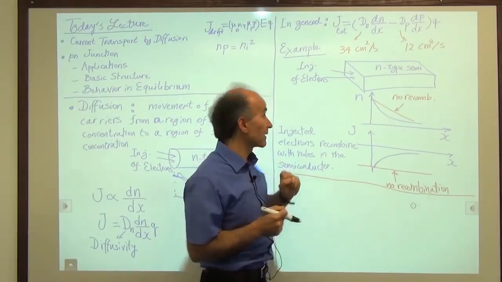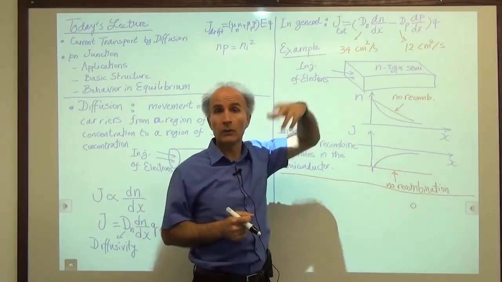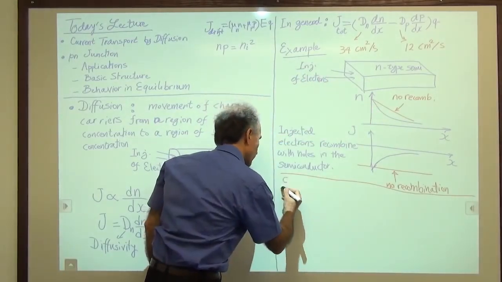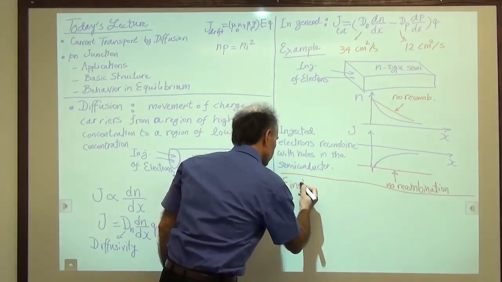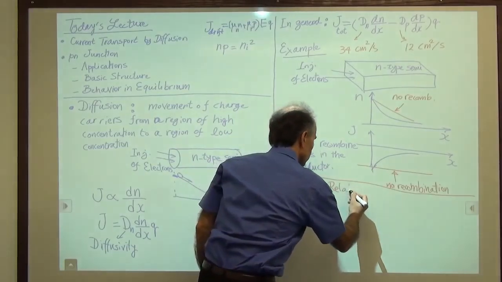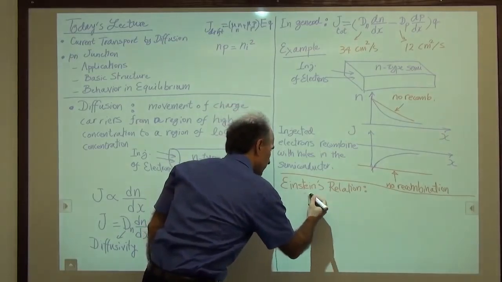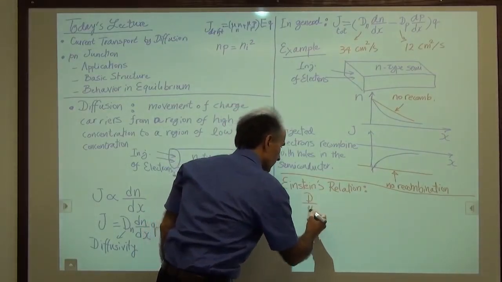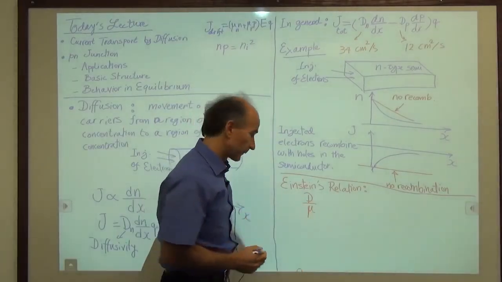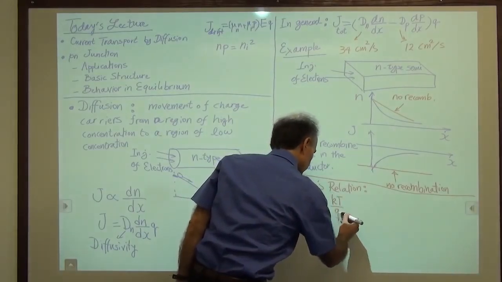But what's interesting is that there's a relationship between mobility and diffusivity, which we will use later on to simplify our equations. That is called Einstein's relation. Einstein's relation says that D over mu for a given type of carrier, electron or hole, is equal to kT over q.